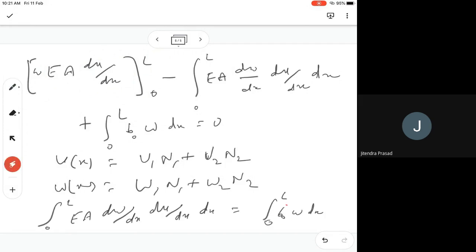B naught is there here, right? So actually this whole term will be K times U. This term will give you F. That's the deal. Automatically the first term will be coming here, but we want to see how exactly it is working.